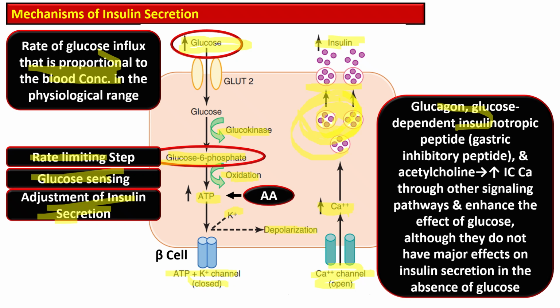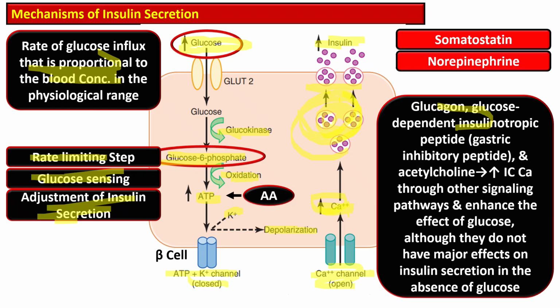They raise the intracellular calcium through other pathways, amplifying the effect of the glucose. Then there are some inhibitory hormones such as somatostatin and norepinephrine, that is alpha adrenergic activation. They inhibit insulin exocytosis.